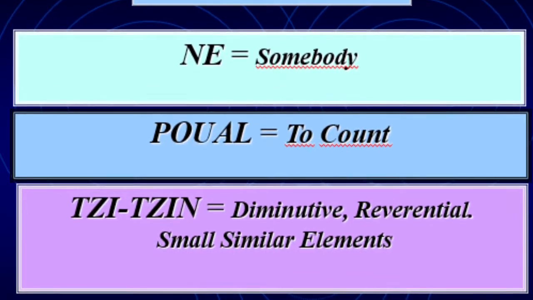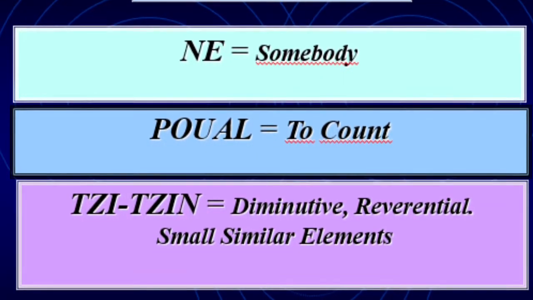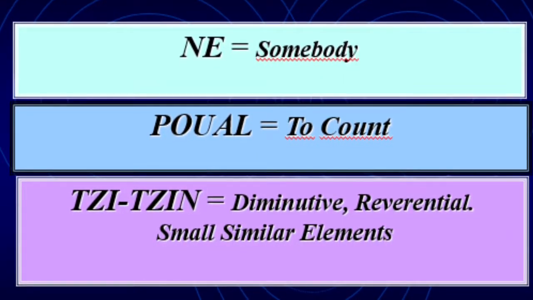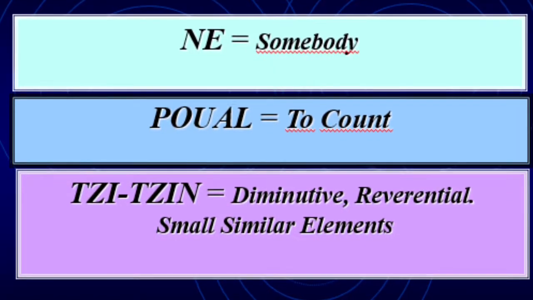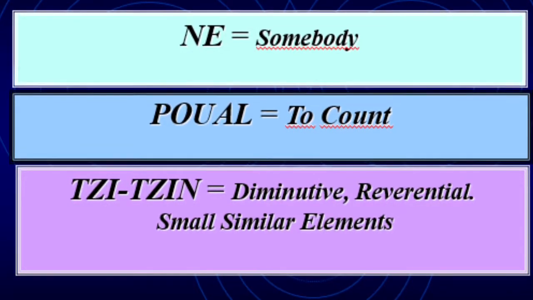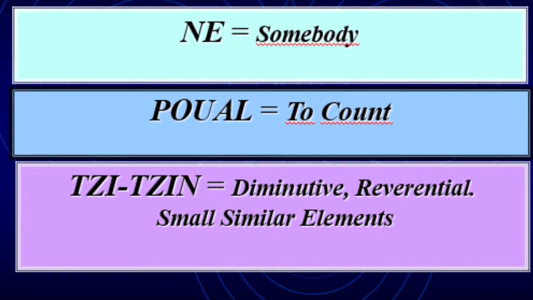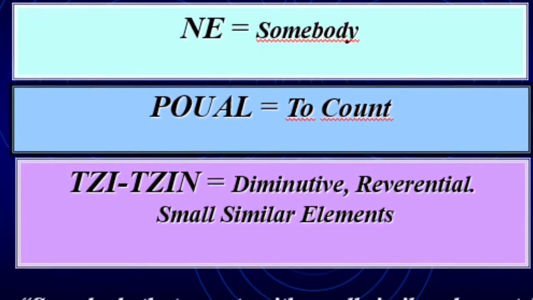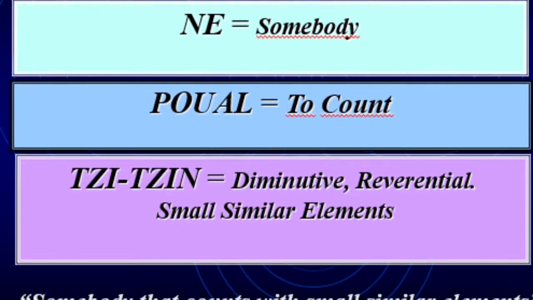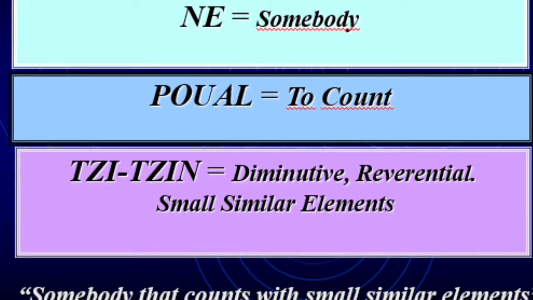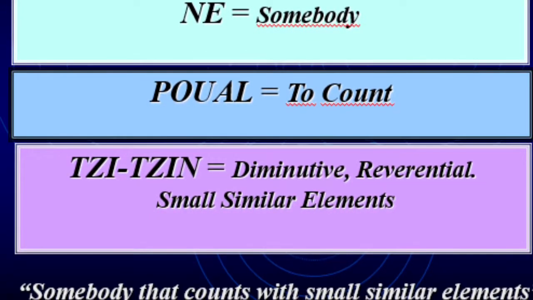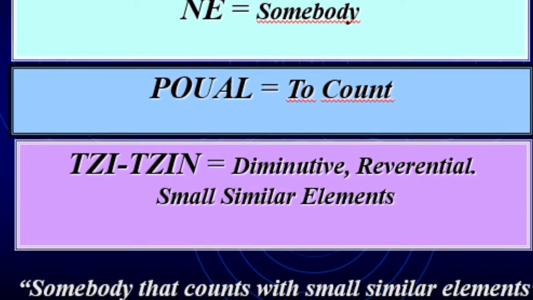And the third part is repeated, as you can see, tzitzin, which means a diminutive, a reverential. That would mean small, similar elements. So we add these 3 parts together, we will have something like somebody that counts with small, similar elements.